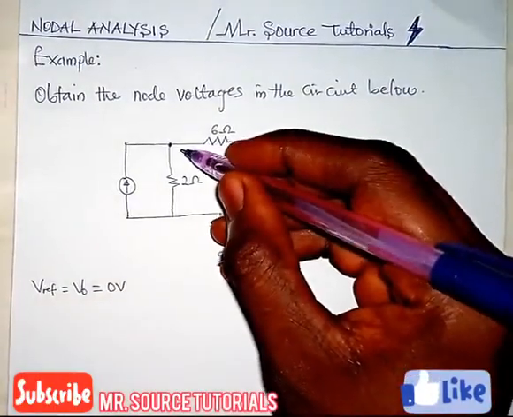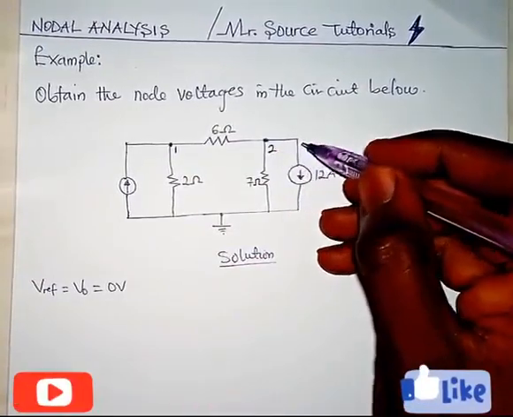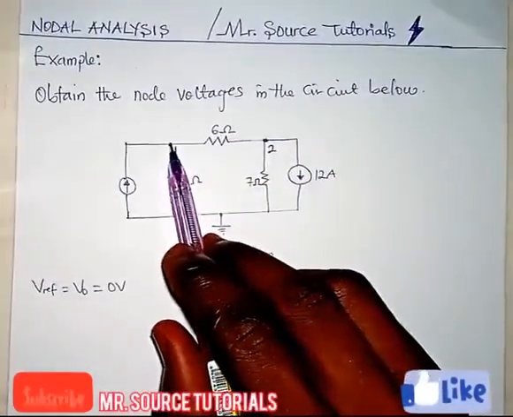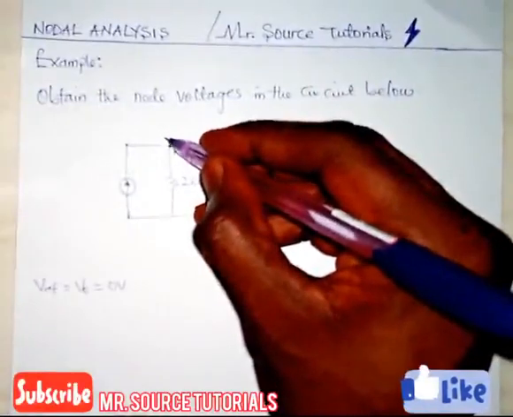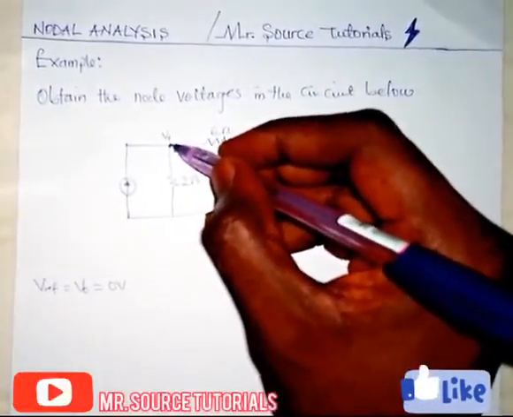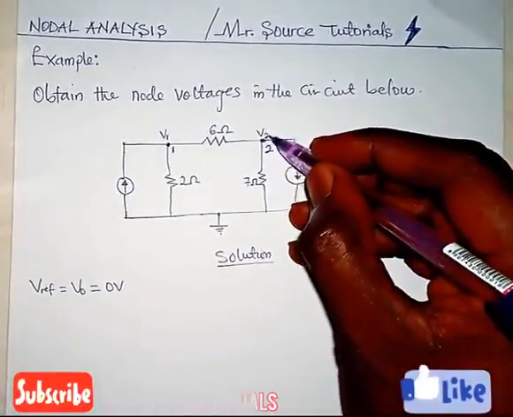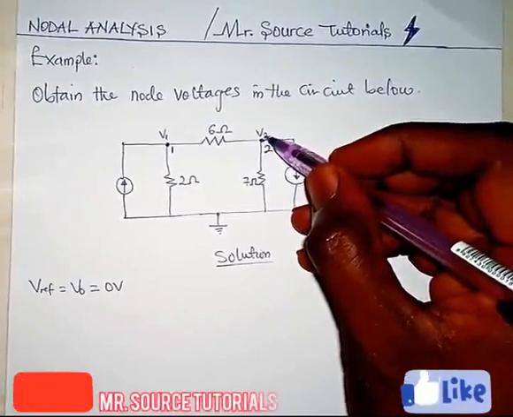Remember, this is our node 1. This is our node 2. The voltage at this node, which is what we are looking for, we call V1, the voltage at node 1. The voltage at this other node, we call V2, the voltage at node 2.